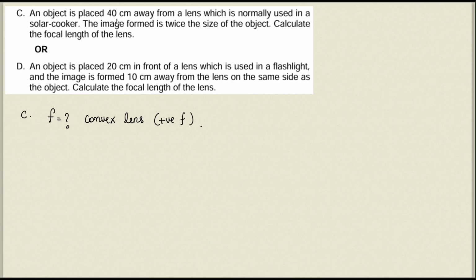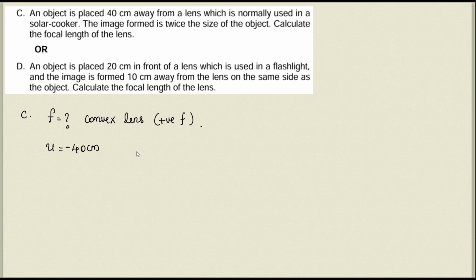So we'll start. It is given the object is placed 40 centimeter away from the lens. That means the object distance is 40 centimeter. As this is object distance, you have to take negative, as usual, since it is kept to the left of the optic center. Now the image formed is twice the size of the object.